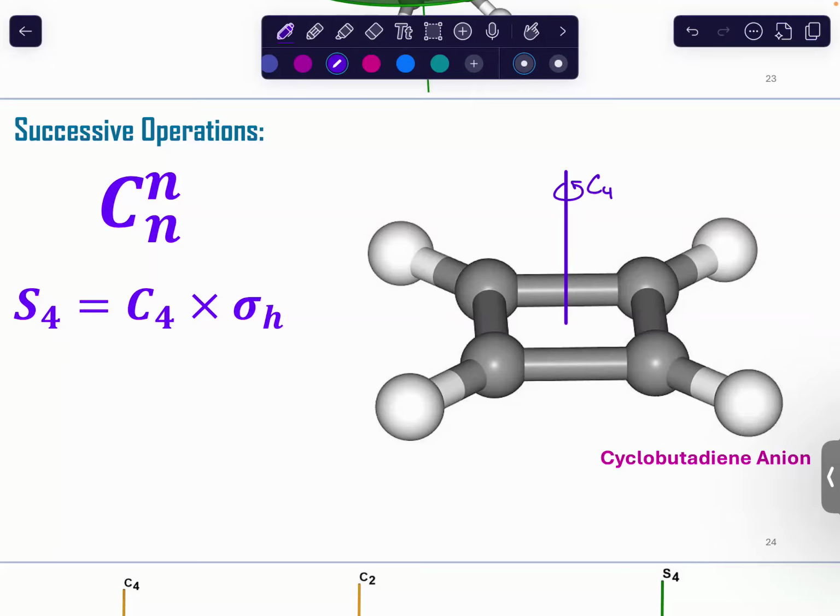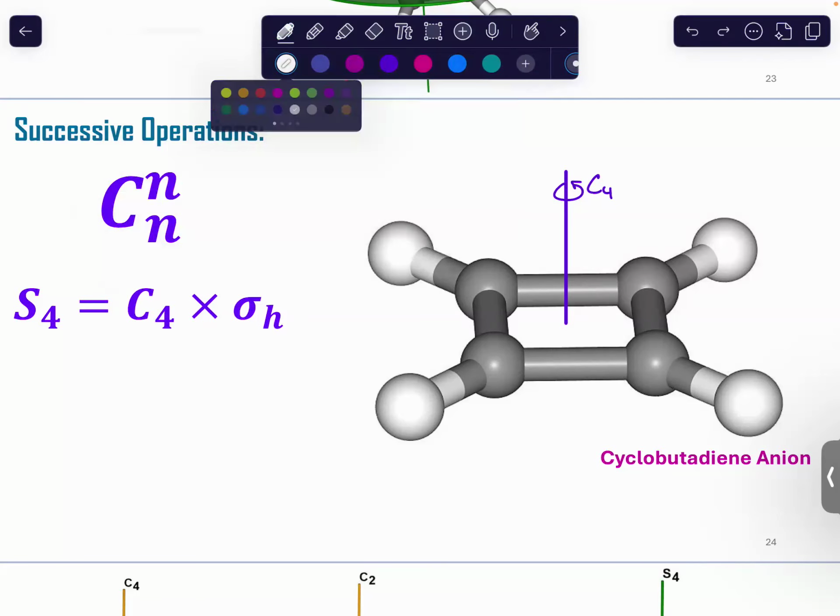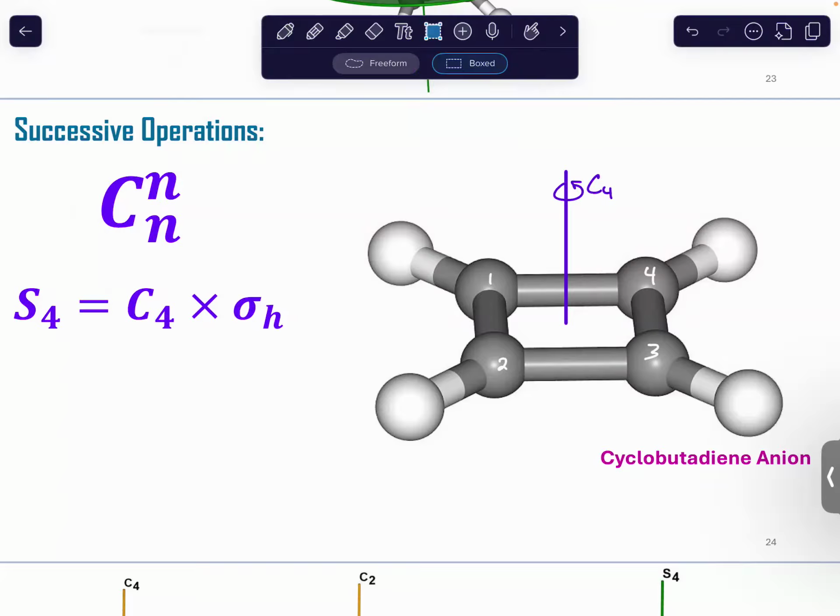So what we mean by successive is, if we start by numbering 1, 2, 3, 4, and I start rotating these, if I rotate once through the C4, that's going to rotate everything to 1, 2, 3, 4.